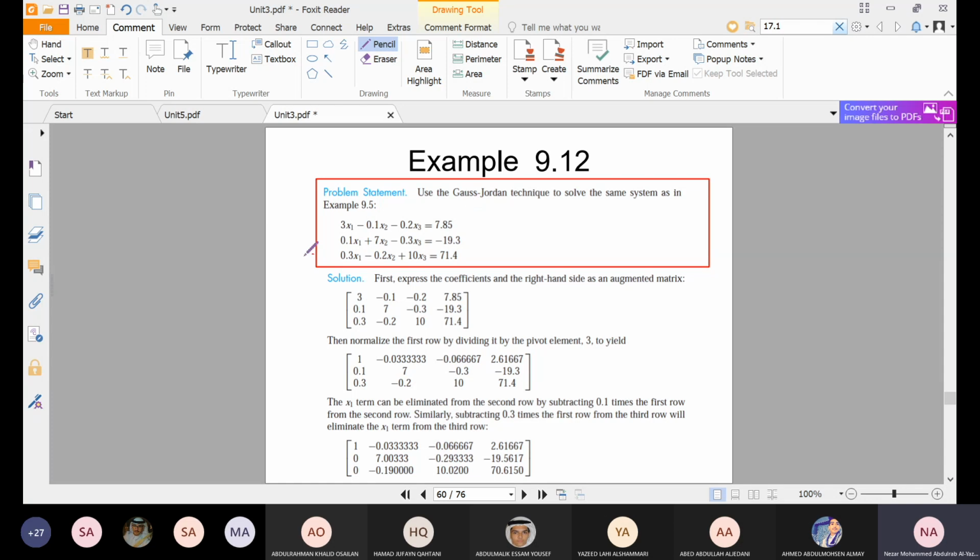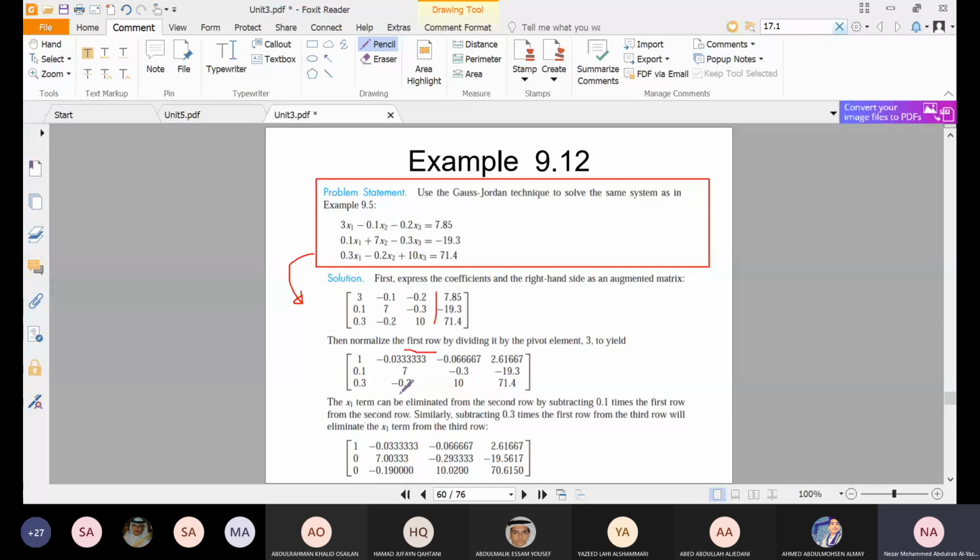So at the beginning we build our augmented system from the coefficients of the unknowns and also the outputs. So here we have a large system like this one. After that we do normalization for the first row, dividing by the pivot element. We call this the diagonal or the pivot element. So you get this new row number one.